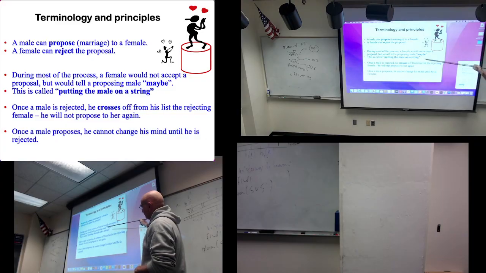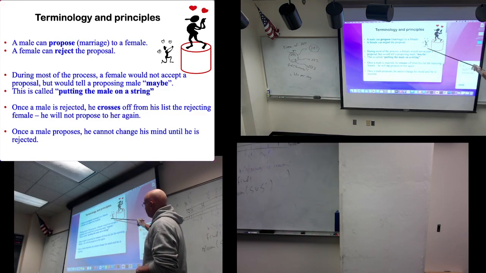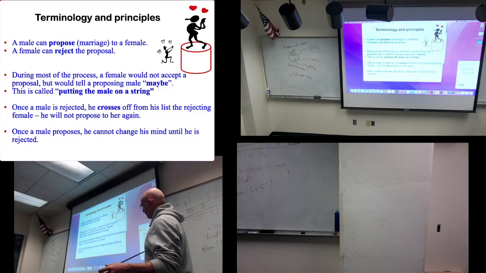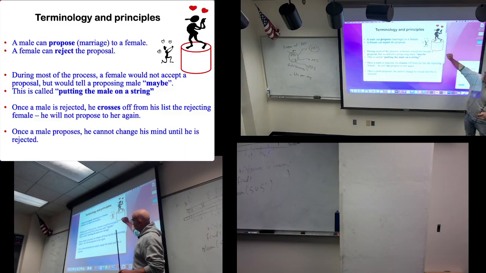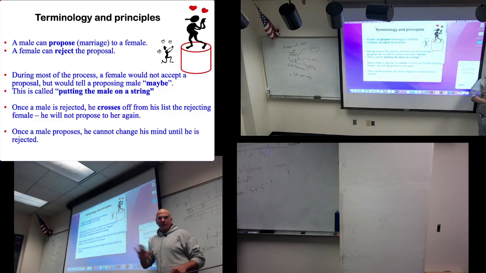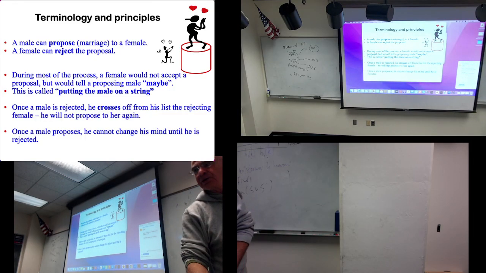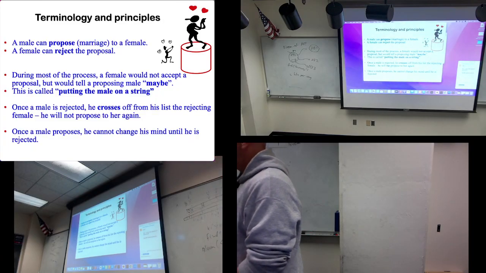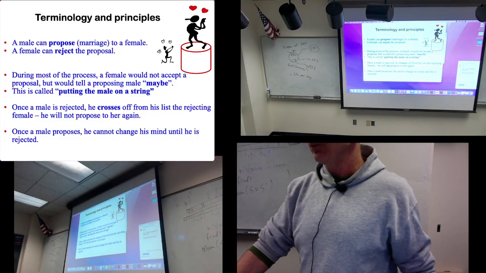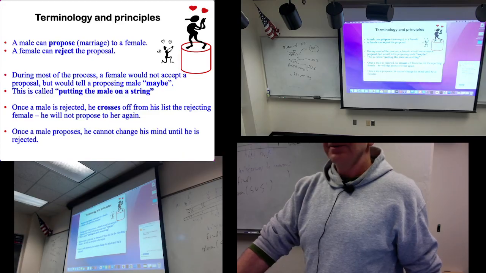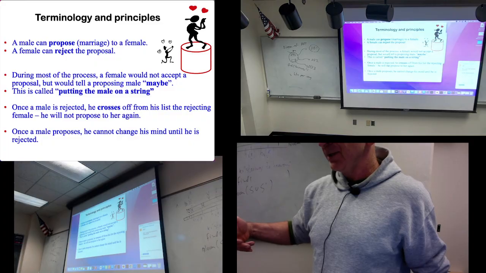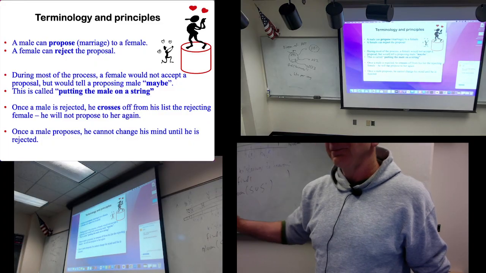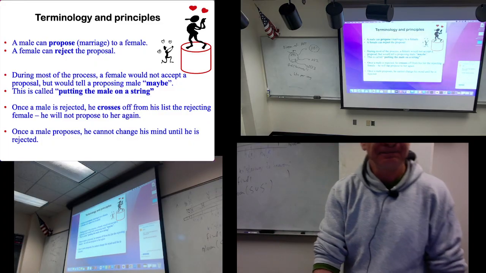The maybe will mean I'm putting him on a string. Or she will say, absolutely not. No matter what, I will never marry you. I don't know yet whom I'm going to marry, but it's definitely not going to be you. So the male has one of two options: either absolutely not, you're rejected, never, or maybe come back tomorrow.